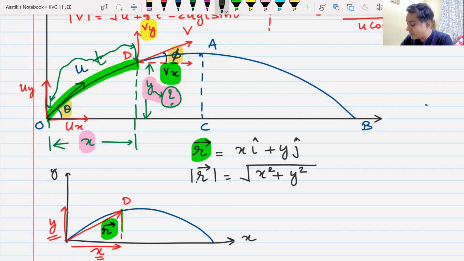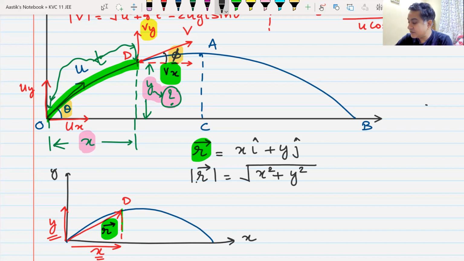If someone asks you to find out the angle, now remember, theta is the angle that the initial velocity makes with the x-axis. Phi is the angle that the velocity at point B or D makes with the x-axis. Now, this angle, will it be same as theta or phi?